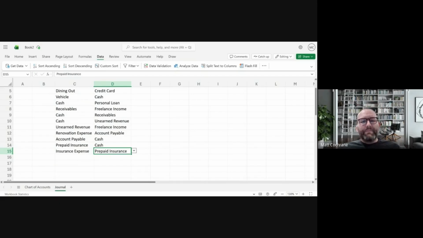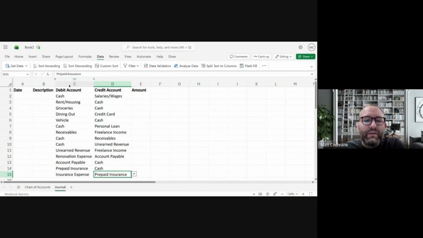Right now, we're simply recording transactions, but they're still sitting in one place, and that's in our journal. The next question that we need to answer is, how do we track each account over time? And what I mean by that is, in our journal, cash has been affected here, here, here, not there, here, here, and so on and so forth.